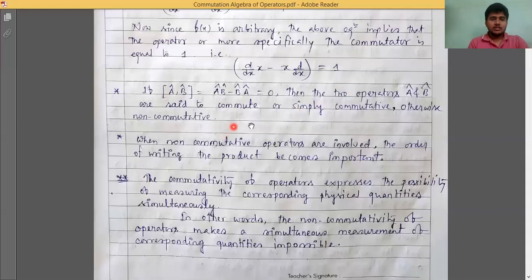Now, all of you may be wondering why I took two examples at the very start, about vectors and differentiation operators. Now you will see why I took the example of vectors. When non-commutative operators are involved, the order of writing becomes very important. Why is this?